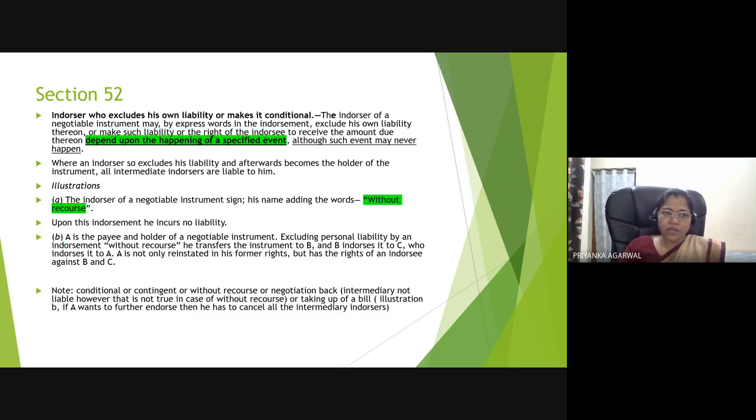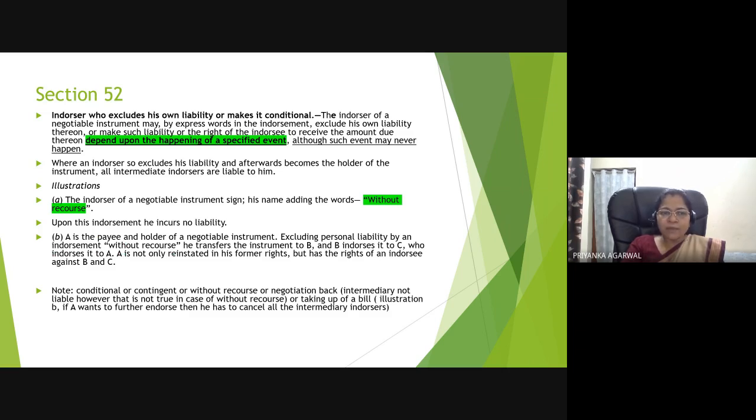When there are a lot of intermediaries and everybody is choosing that, the last person might not accept that, or the next person might not accept it. So it depends, but there is no restriction that only a specified number of persons can use that without recourse right. So we have understood the three: conditional, contingent, and without recourse.